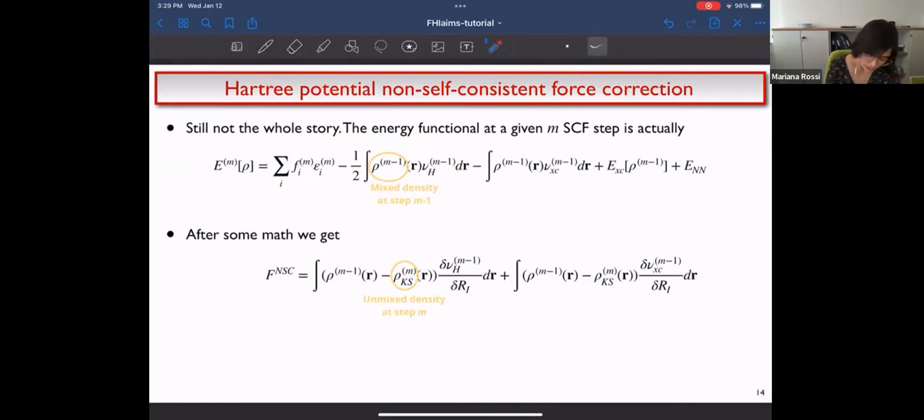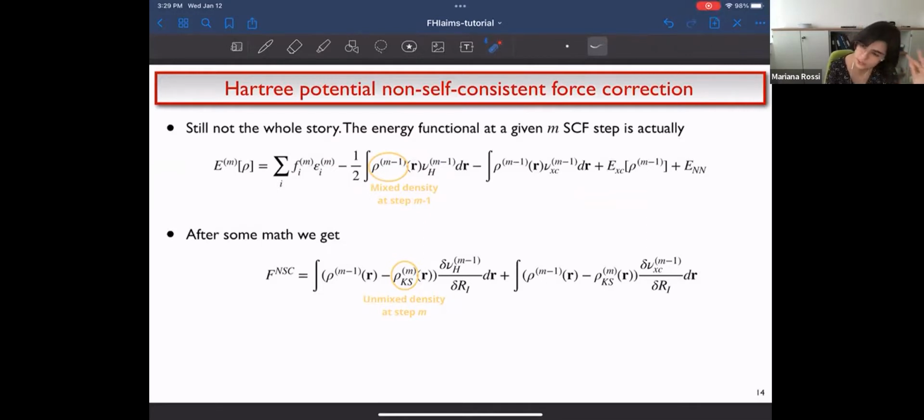So that means that you have a mismatch between these terms and what enters this term here. And if you are fully self-consistent, or as close to self-consistent as you can get, then it's all fine and you don't have any extra terms in the forces and everything's okay.